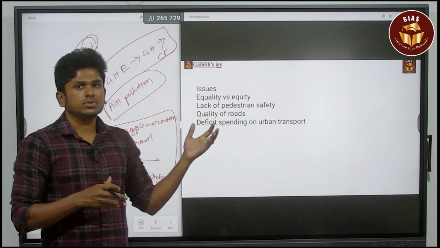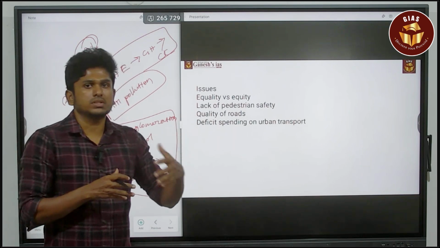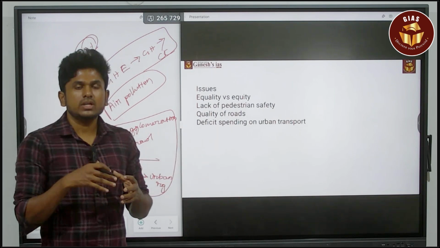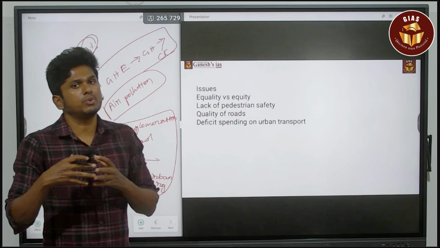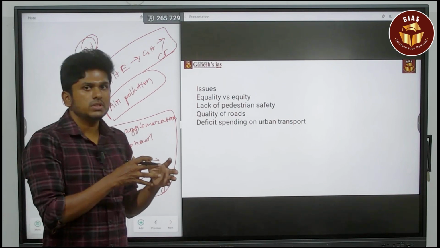For the quality of the roads, we need to overcome the corruption in road construction projects. And for deficit funding, you can give suggestions like going for a PPP model. So by the way, you have to give the suggestions.